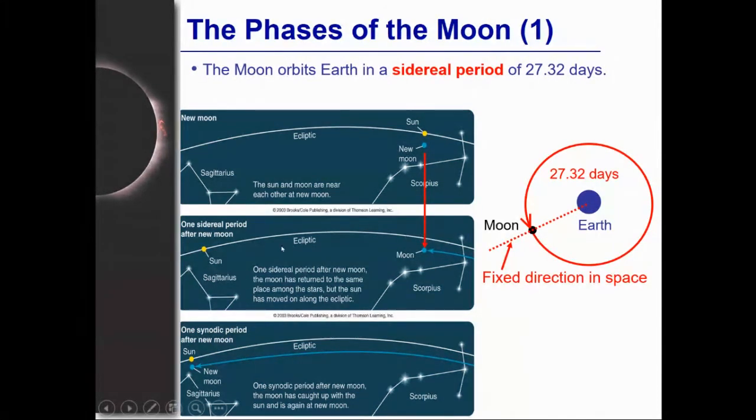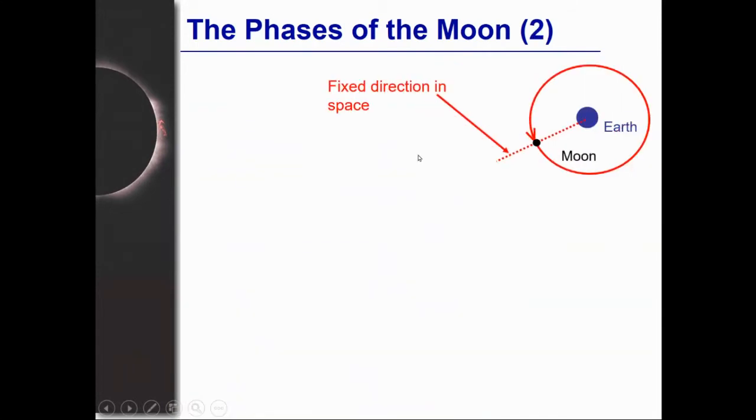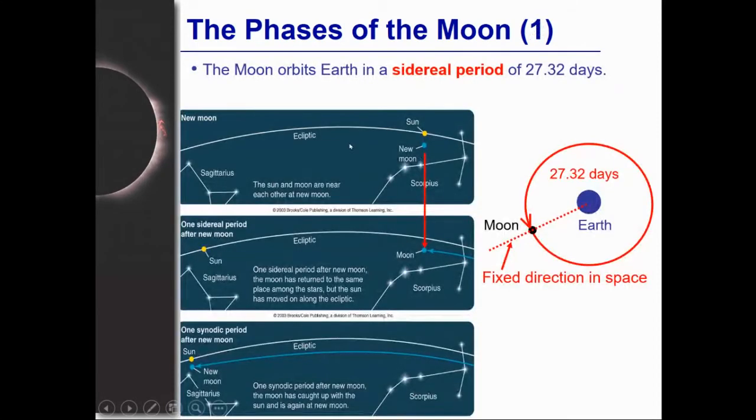Well, the sun is not really in line with the moon. So in this case, the moon did not go from a new moon to a new moon. So in this slide here, this is where you're going to get another new moon, when the sun and the moon line up.